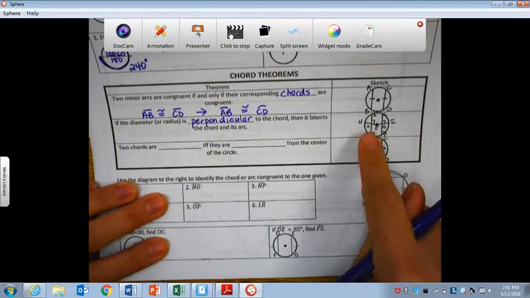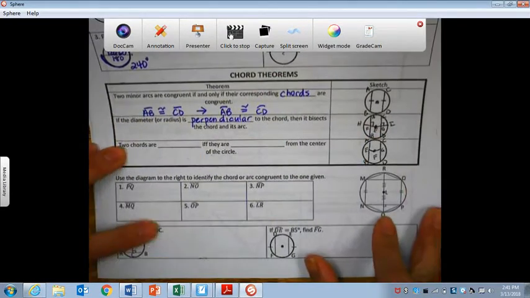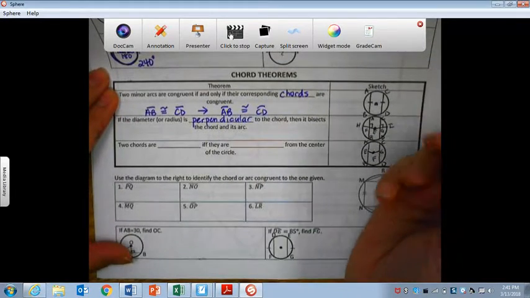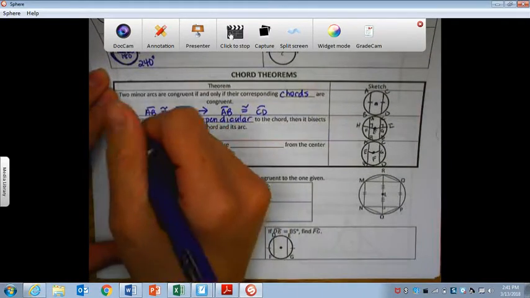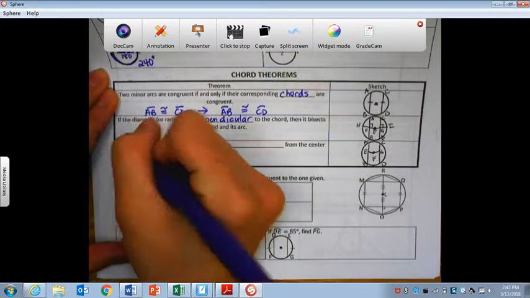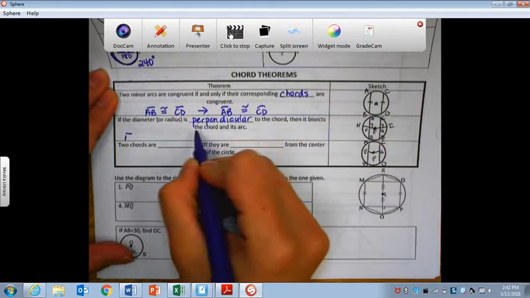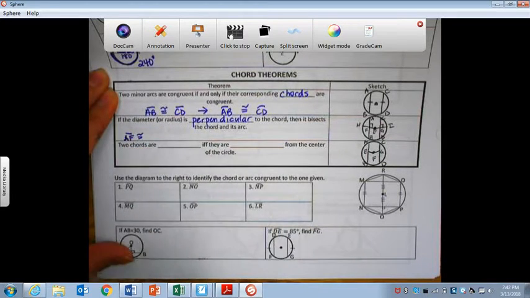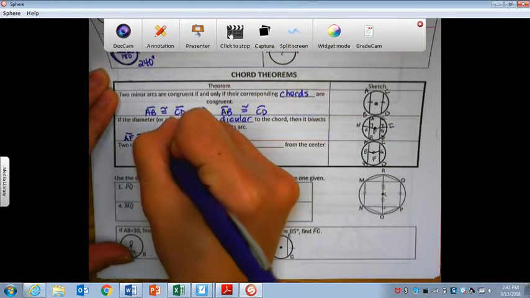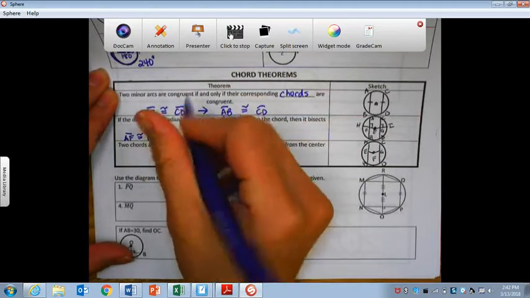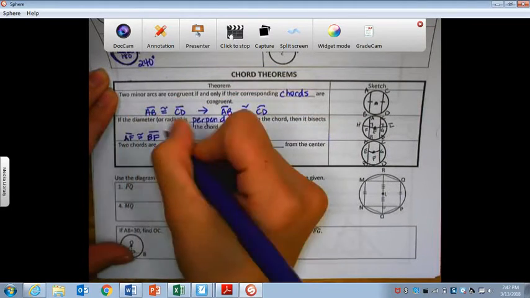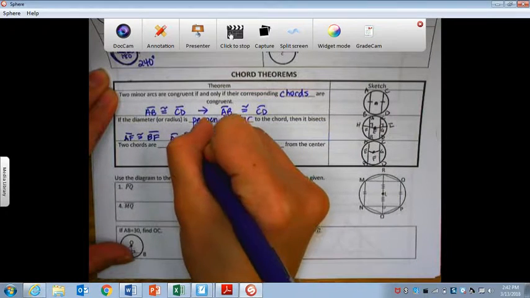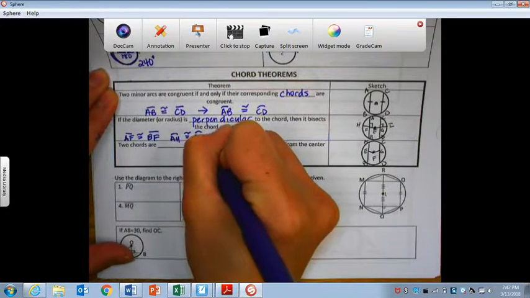Looking at this picture, I know it's a little bit complicated, but take the time to copy it. I'm going to break it down for you here. Basically it bisects the chord. So now AF is congruent to BF, and therefore arc AH is congruent to arc BH.